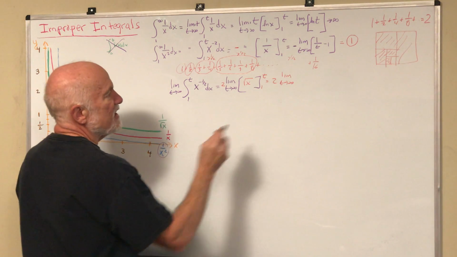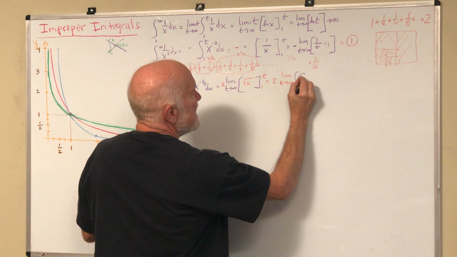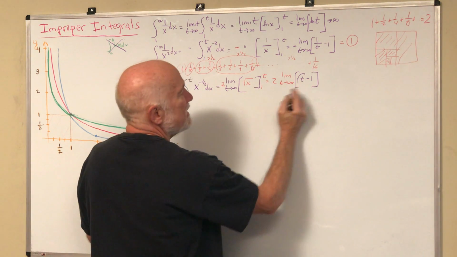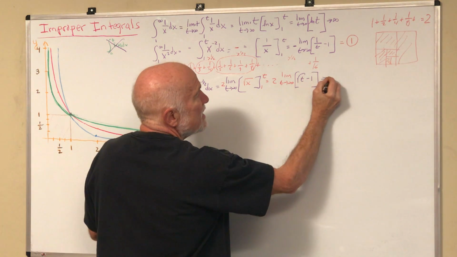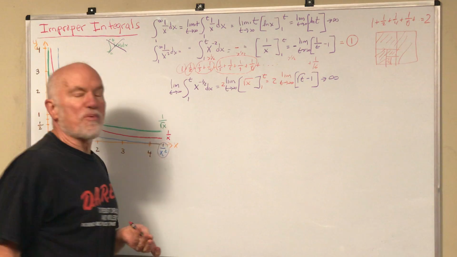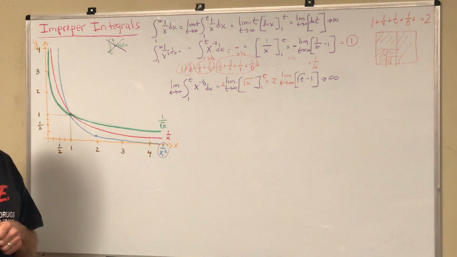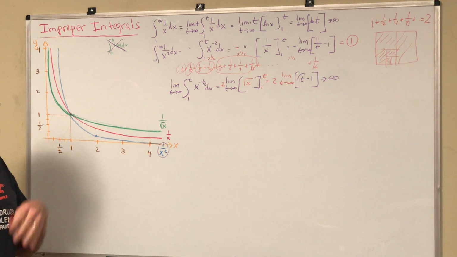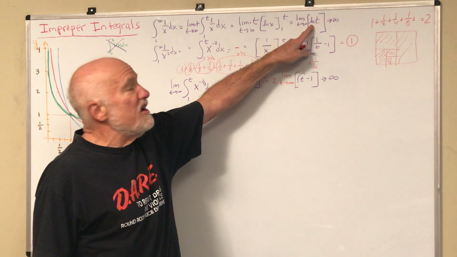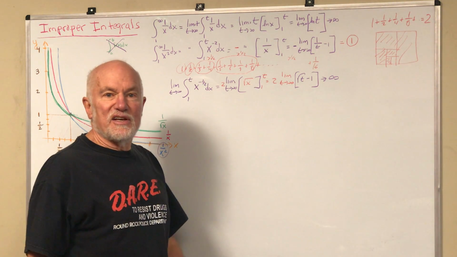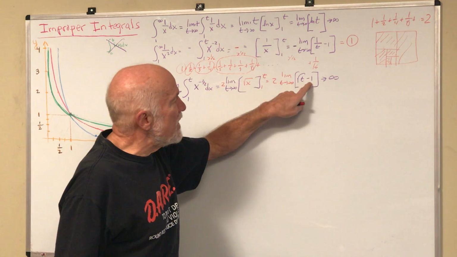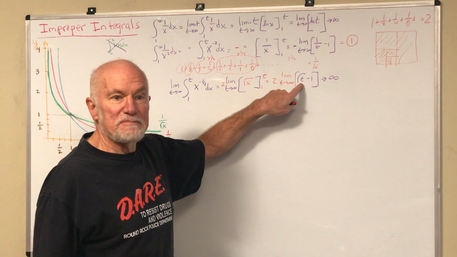And then you get 2 times the square root of t minus the square root of 1. Well, as t approaches infinity, the square root of t is going to approach infinity again. It's almost a bigger infinity here, because the natural log of t is approaching infinity at a slower rate than the square root of t.